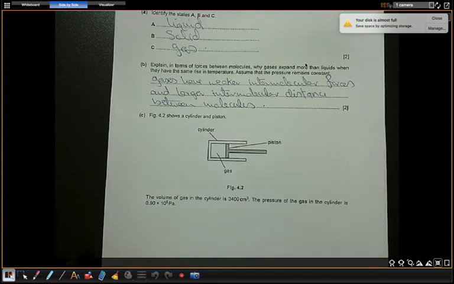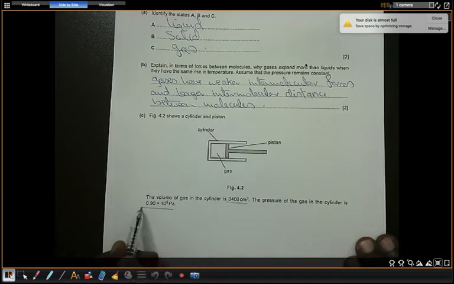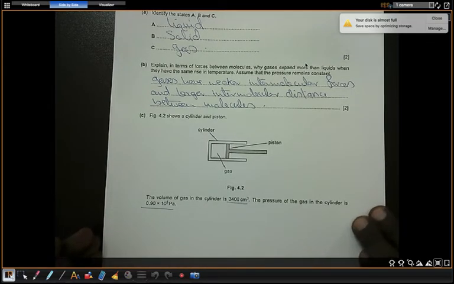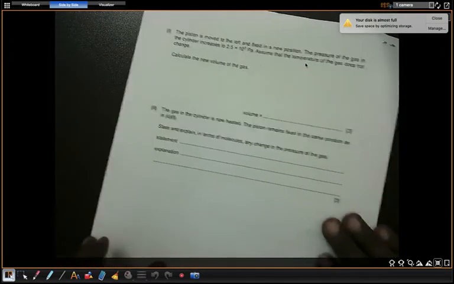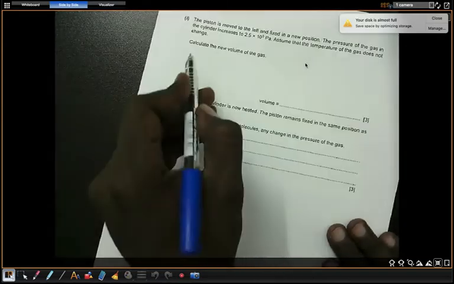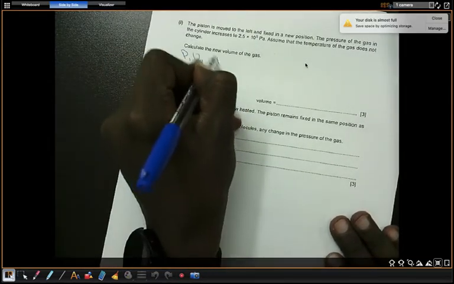Okay, this is a question about P1 V1 equals P2 V2. So this is V1 and this is P1. So 3,400 and 0.9 times 10 to the power of 5. Now calculate the new volume. So P1 V1 equals P2 V2.